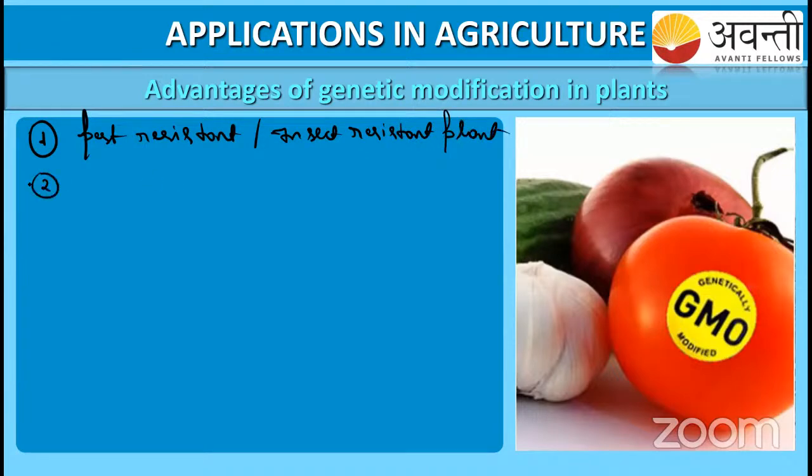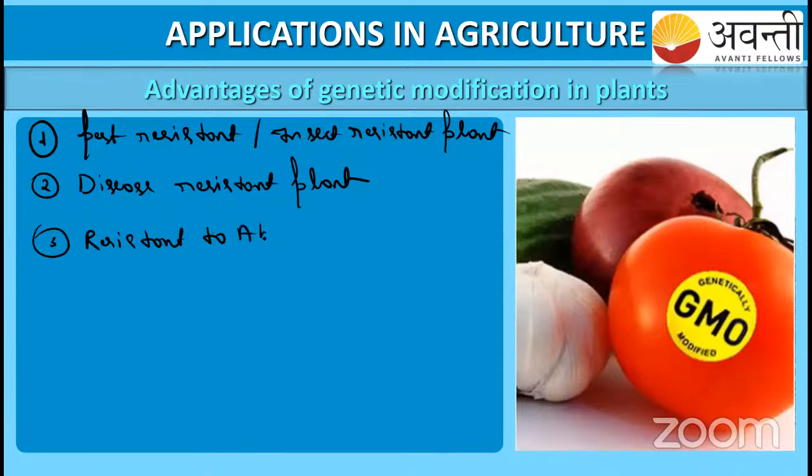We can also produce disease-resistant plants. And remember, we can produce a plant which can tolerate abiotic stress.